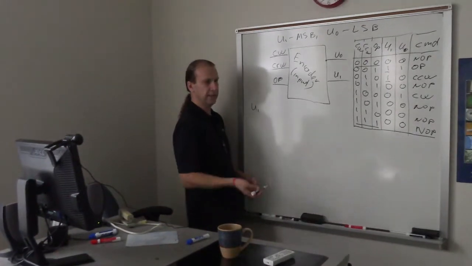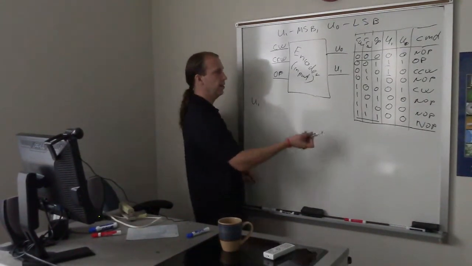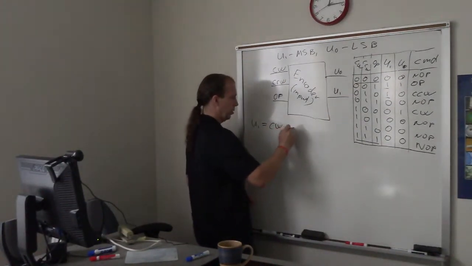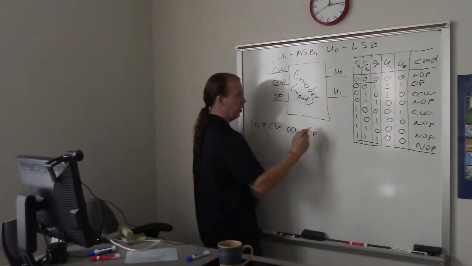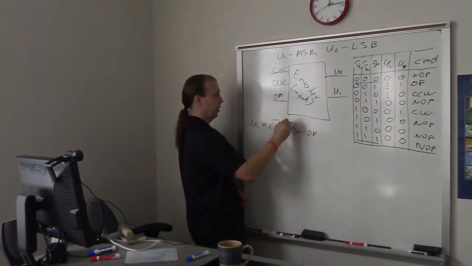And that's just what you read in the book. The way we write this down will be clockwise, counterclockwise, OP. The first two terms go with zeros, so they go with inversion.